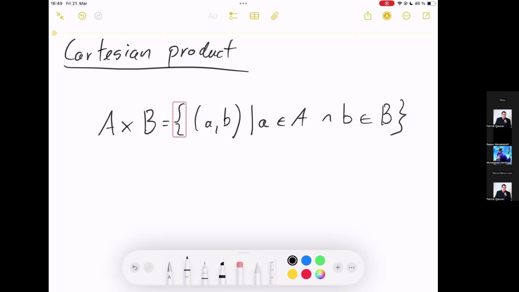So we have our sets A and B, and what we want is a new set of all the ordered pairs of elements a, b. What's very important, just from the notation, for sets we use these curly braces, and elements in a set are unordered, while in green we have this tuple for which we use parentheses, and within a tuple we have an order.